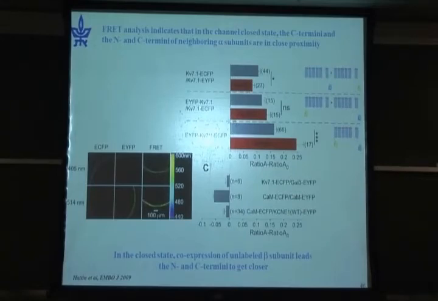So first of all, from the data we show that in the channel closed state, the C termini of the alpha subunit, as you can see here, of two neighboring subunits, are in close proximity. We found also that the N and C termini of the neighboring alpha subunit are also in close proximity. As you can see here, these are the fluorophores that are fused to the N terminus and to the C terminus of the Kv7.1 alpha subunit.